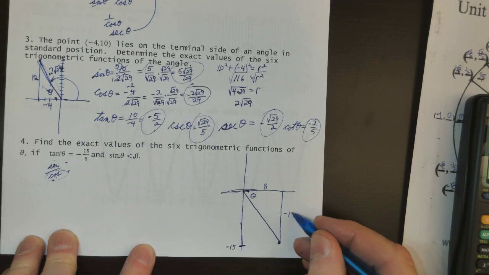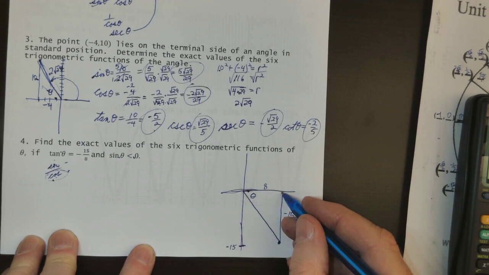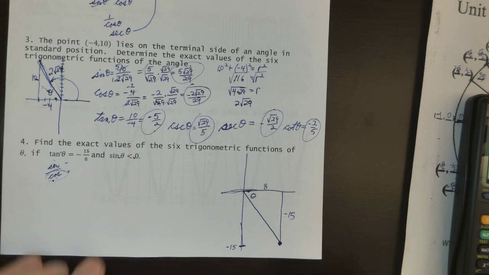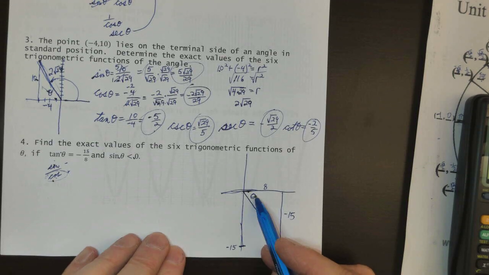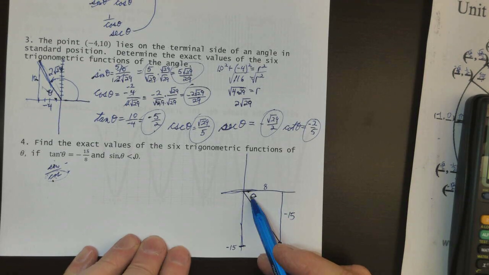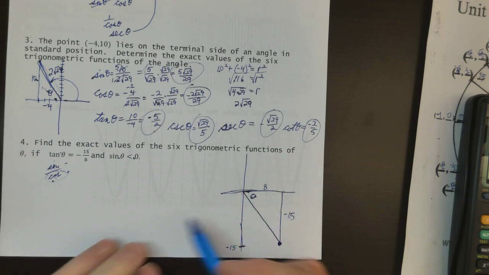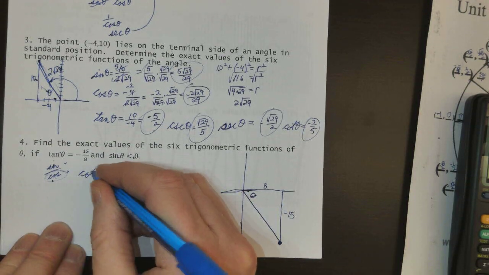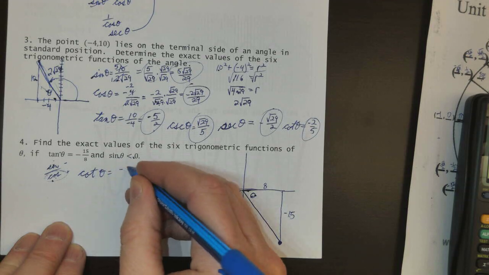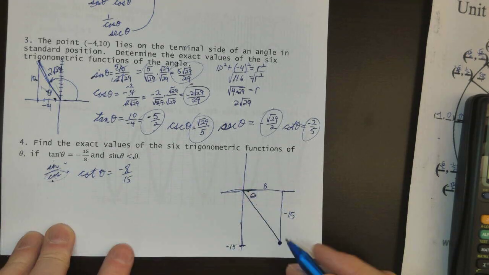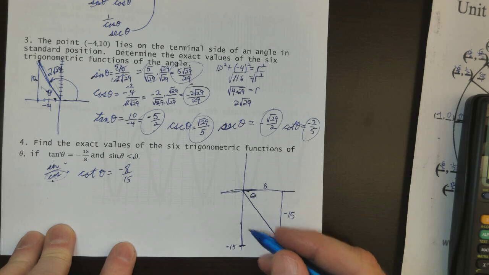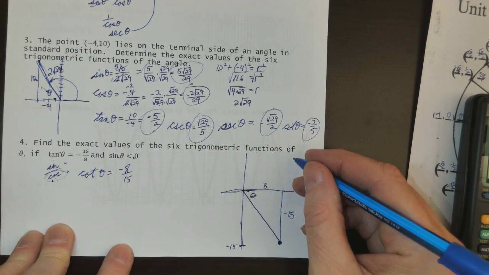So there's our point that I'm using, (8, negative 15). Tangent is opposite over adjacent, so we're good there. I'm going to get the easy one out of the way. Cotangent of theta is negative 8/15. I have not solved for r yet, the hypotenuse.